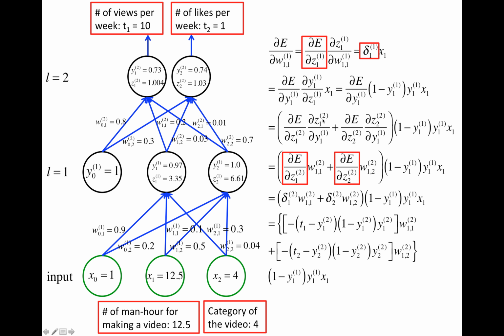So it's not just one term anymore. It's two terms adding together. The reason we have two terms is because Y11 goes into these two logits. So it's not just a single dependence anymore. We have two dependencies.